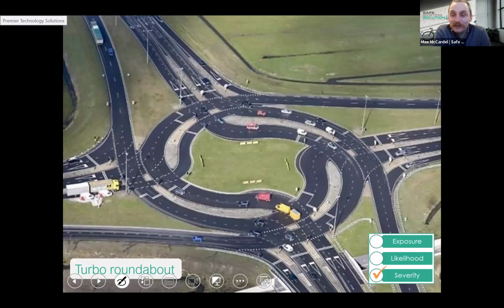But the reason that this has been installed is because what we in Australia probably would have done is just set up a 90-degree cross intersection, a signalized intersection. And no doubt we would have had massive amounts of trauma occurring, just because you can tell this is a high speed, high traffic volume area.